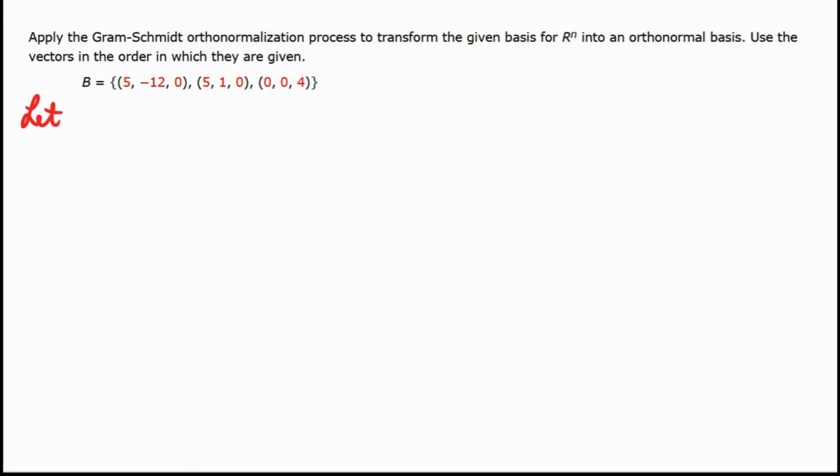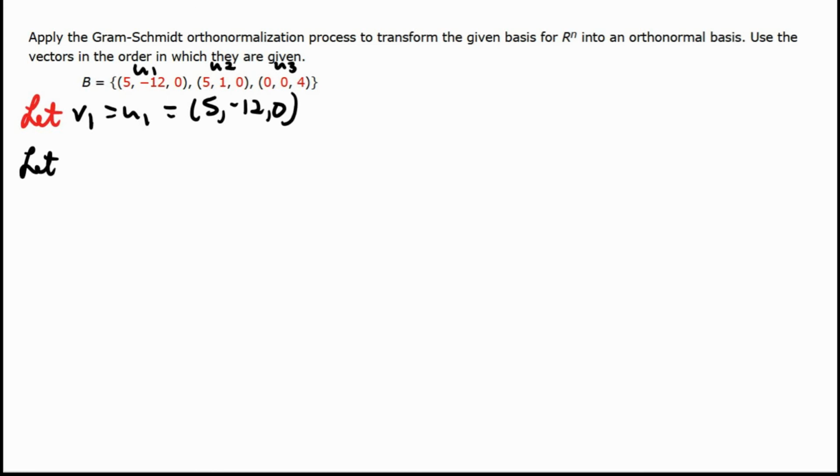We need black. So again, this is U sub 1, U sub 2. This is what I'm calling it, right? So let V sub 1 equal U sub 1, and that's 5, negative 12, and 0.